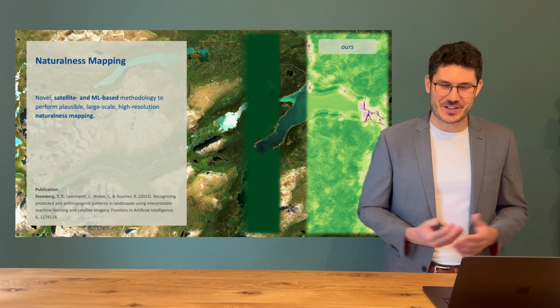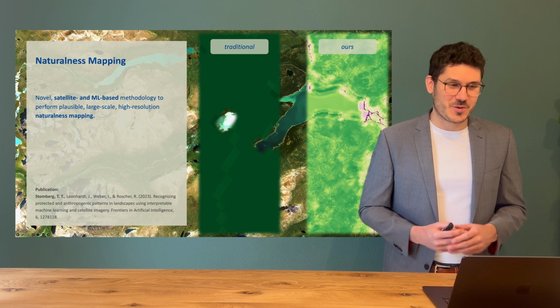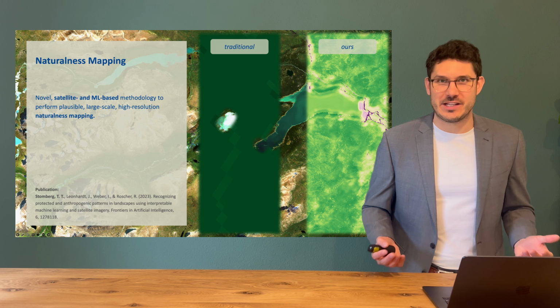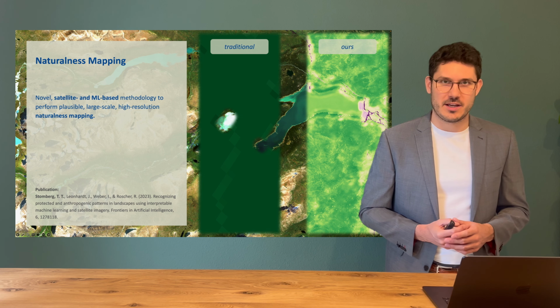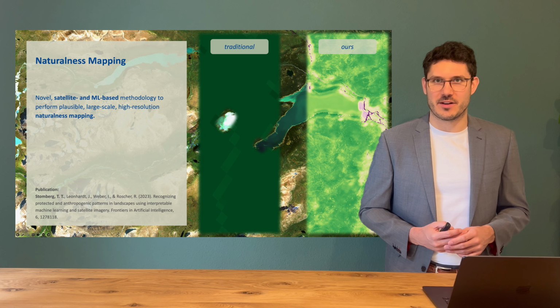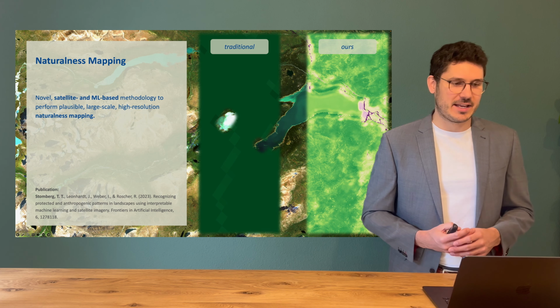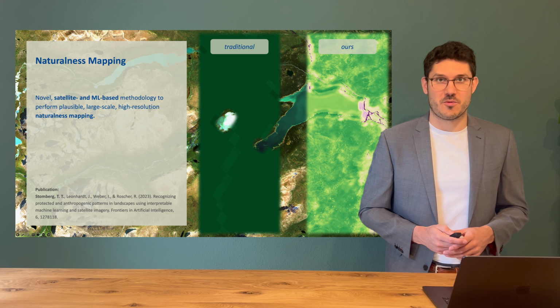So to conclude on the naturalness mapping approach, I have presented you a novel satellite and machine learning based methodology to perform plausible and large-scale naturalness mapping in high resolution. And we have published this idea in 2023.